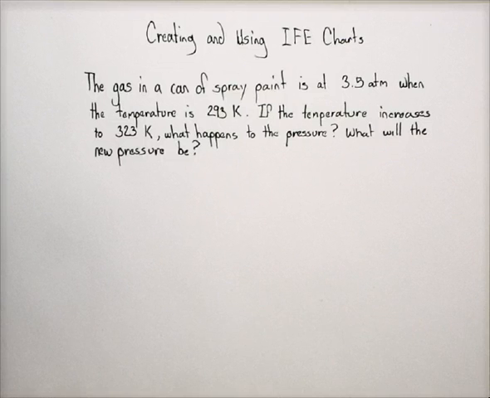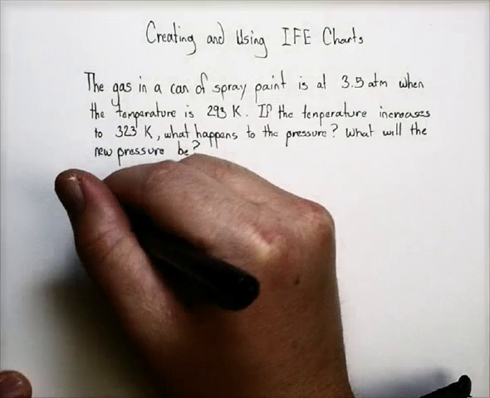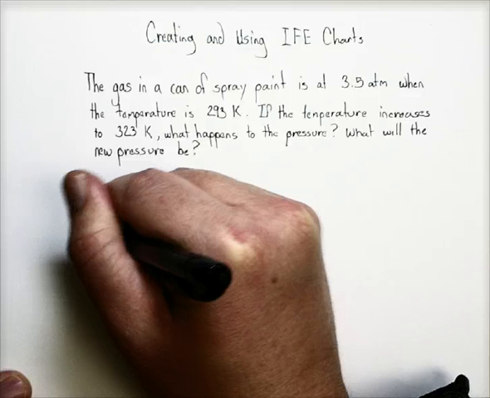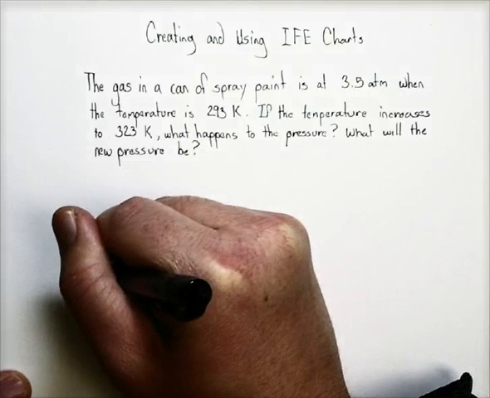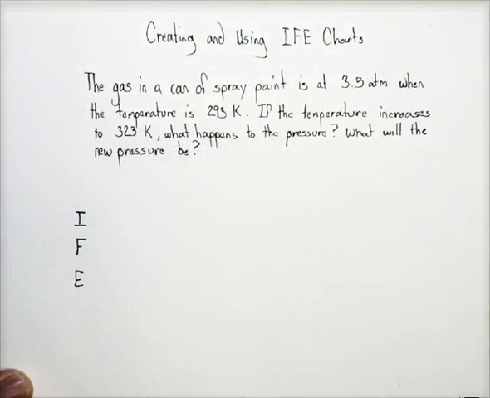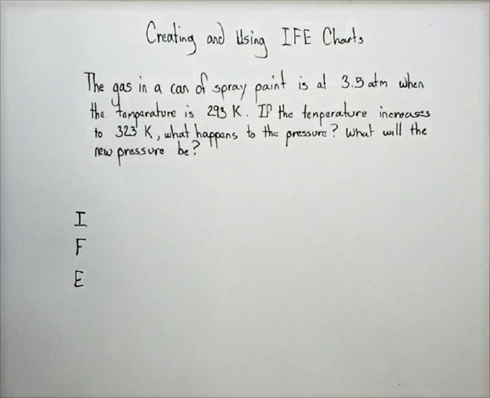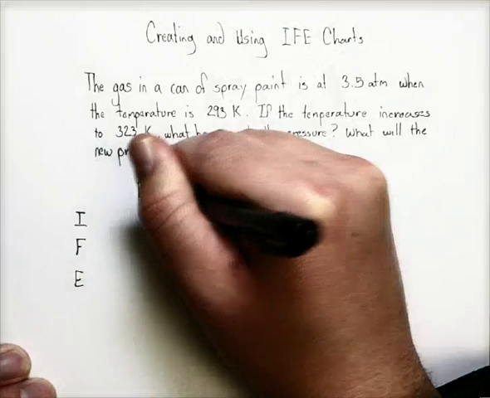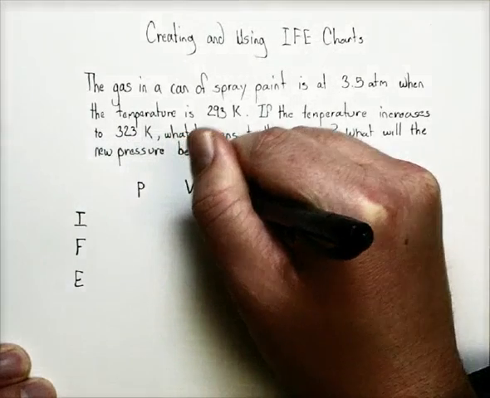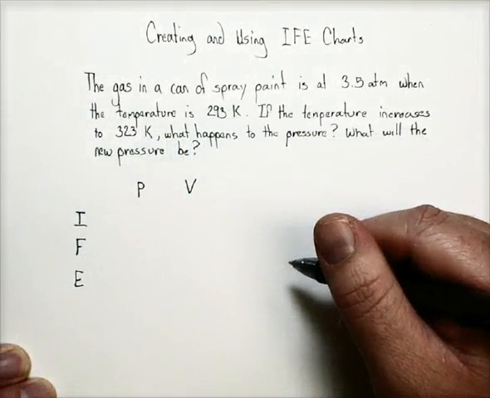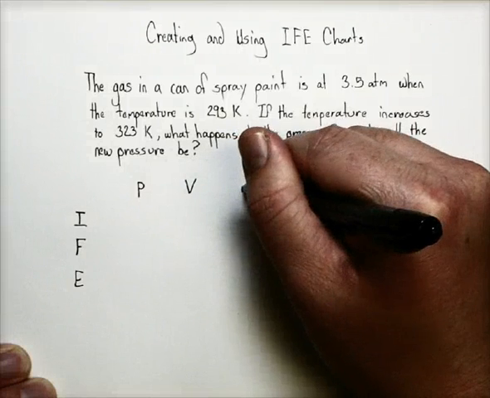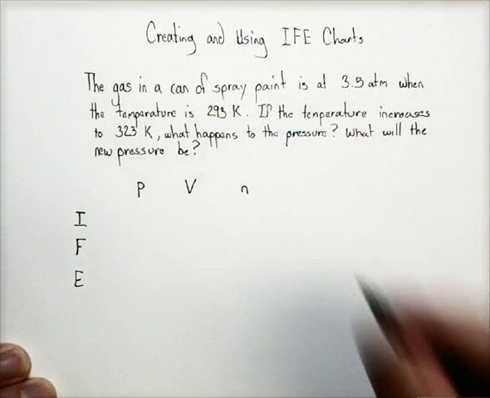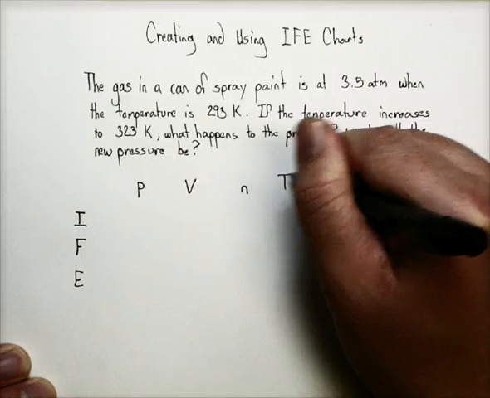So in order to do this, we are going to create this thing that we call an IFE chart. Let's take that piece by piece and see what that means. So IFE across the side, and then in this order, it's important that you put it in this order, the different variables that we're looking at: pressure, volume, the amount of gas, which we use N for, and the temperature.